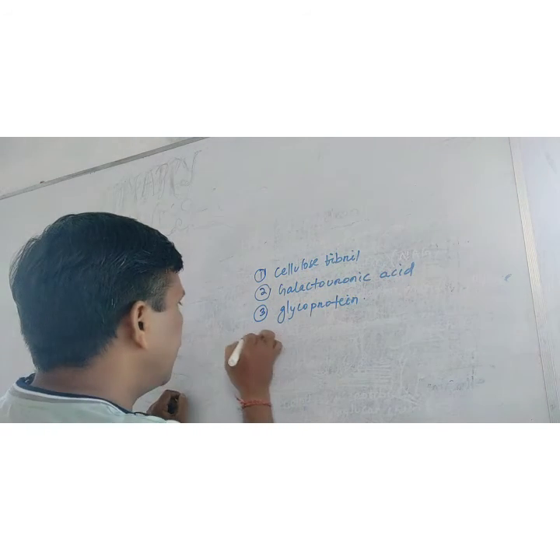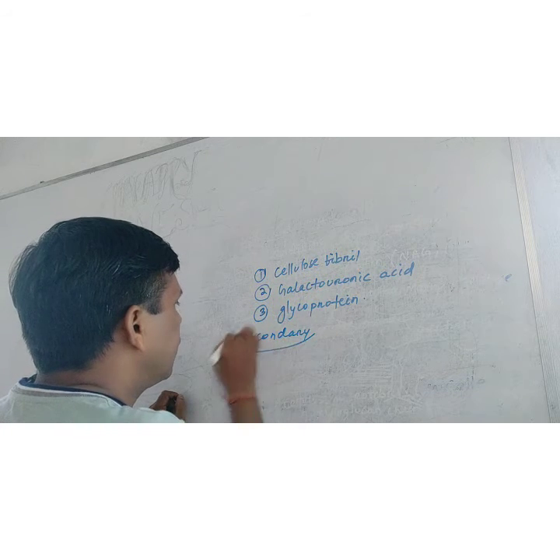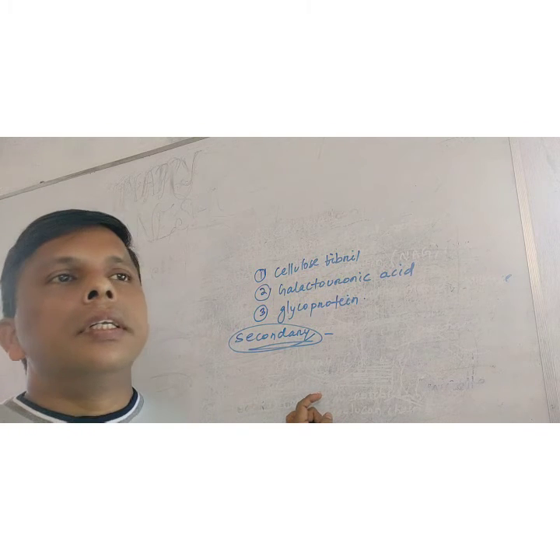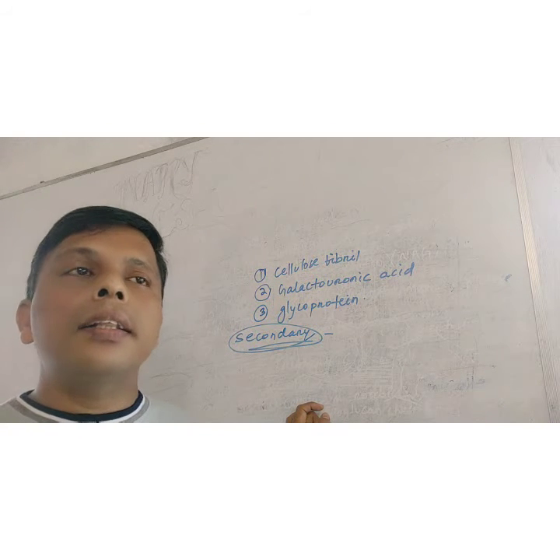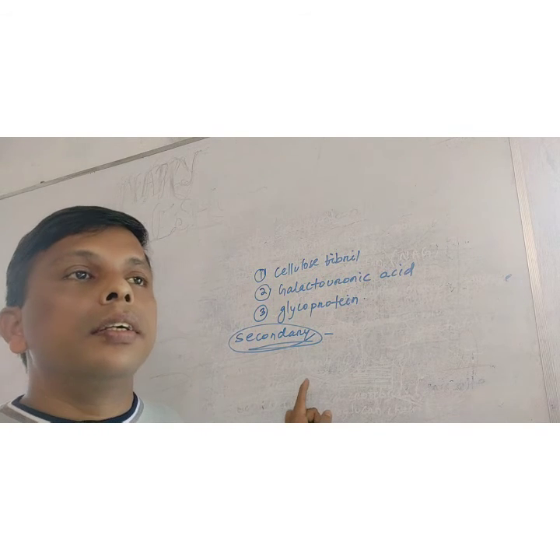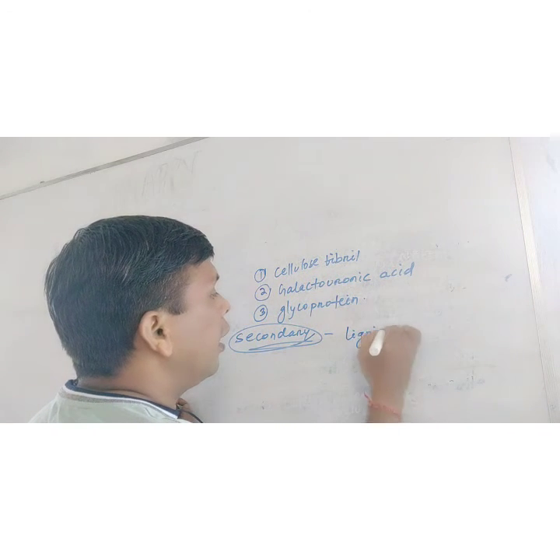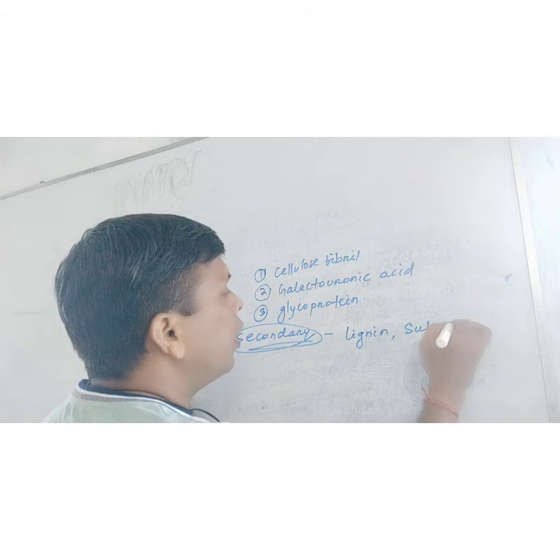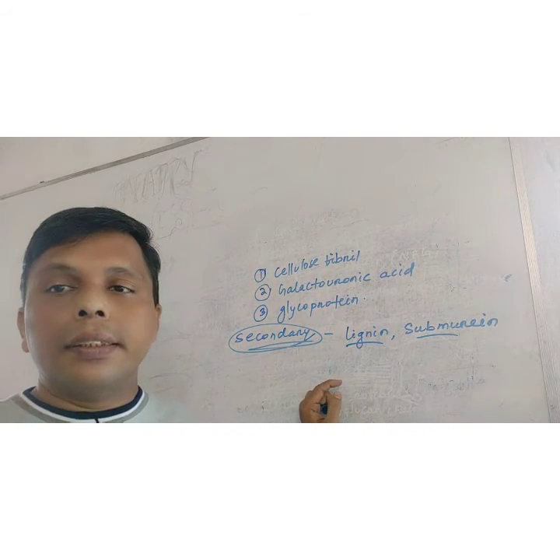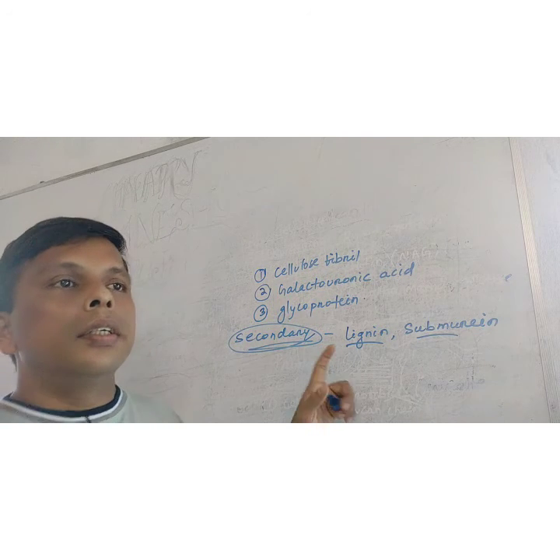Come to the secondary cell wall. The secondary cell wall is hard, thick and more strengthened than the primary. It is strengthened by lignin and suberin.